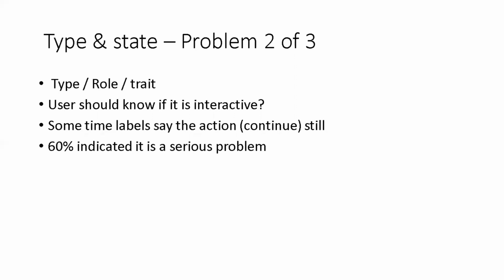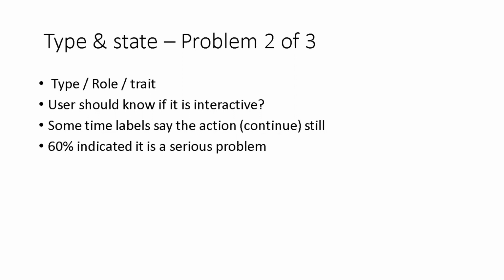In iOS, it is called a trait, and on Android, people may be using the word view or also role. So depending on what type of control you are using, you might have to use a trait, a role or a type depending on the operating system.